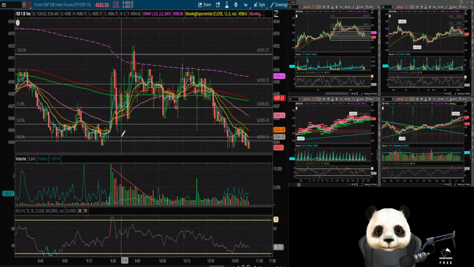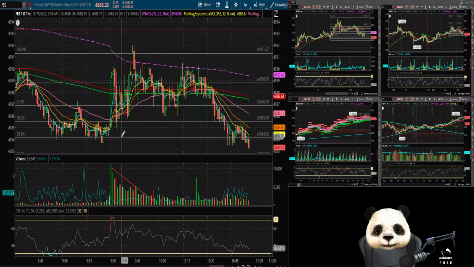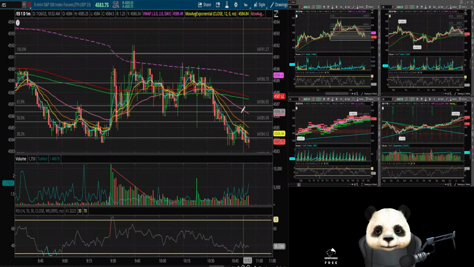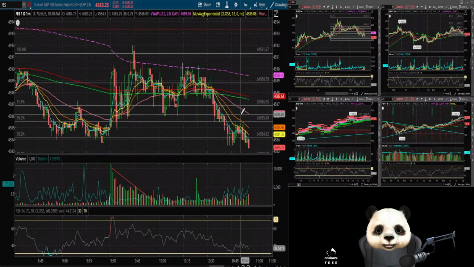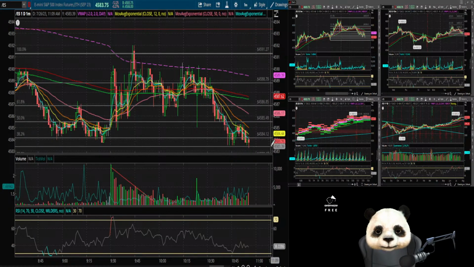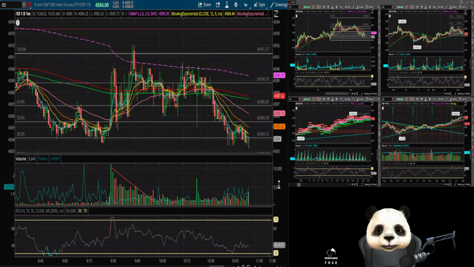Got to pull up the book map really quick, see how we're doing here. Definitely getting filled on this liquidity down here. We got 45.82 and 50 cents as the majority of the liquidity, and then below that, some at 45.80.